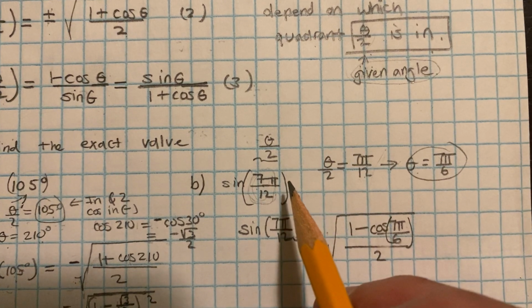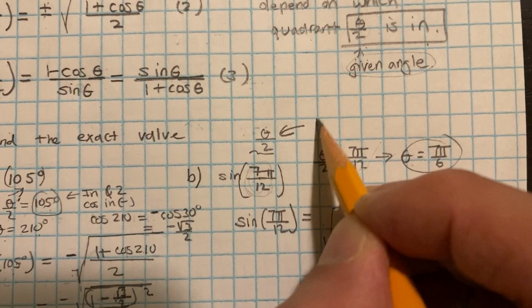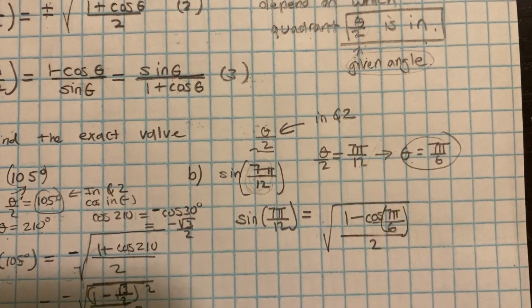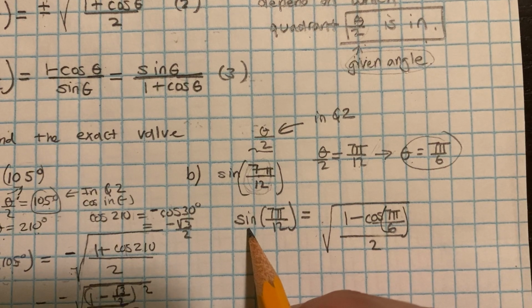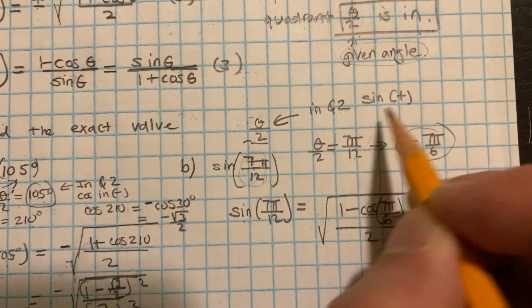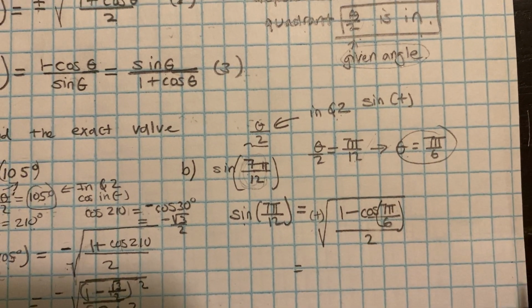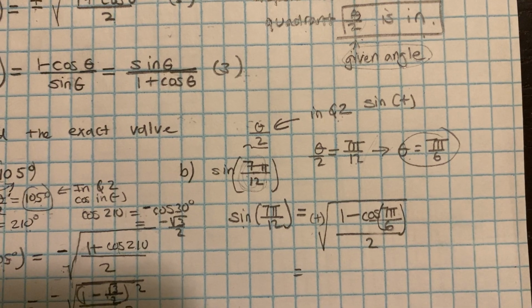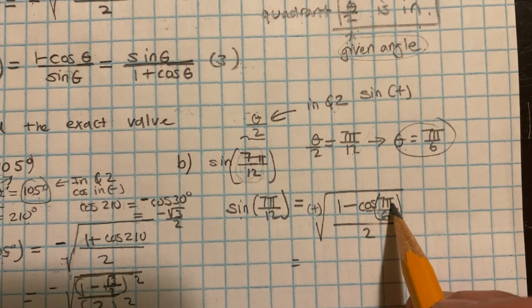So I'm past quadrant 1, and I'm going to be entering quadrant 2. So this guy right here, theta over 2, is in quadrant 2 again. And the sine, or the y value, in quadrant 2 is positive. So sine is positive in quadrant 2. So you could write positive, but typically if it's positive, we don't write anything. Okay?